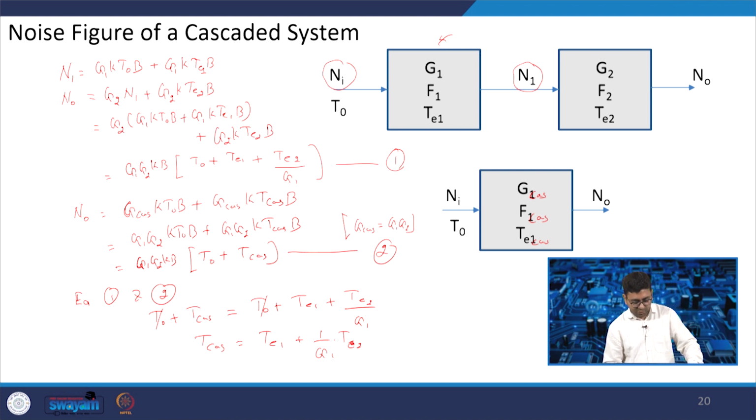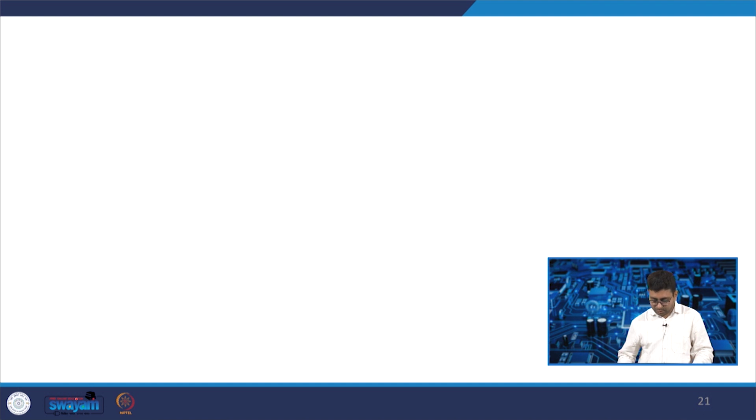Now we all know what T denotes. So our T cascaded is equal to TE1 plus 1 by G1 TE2.